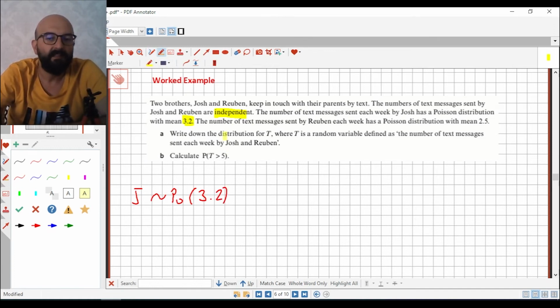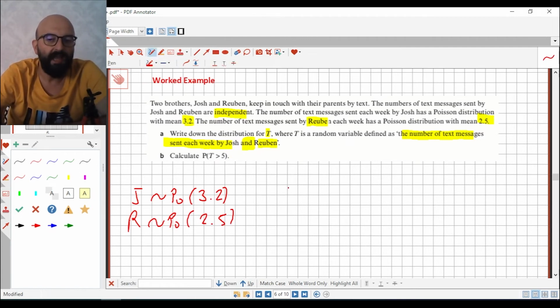And the number of text messages sent by Robin each week has a Poisson distribution with mean 2.5. Write down the distribution for t, where t is the random variable defined as the number of text messages sent each week by Josh and Robin.